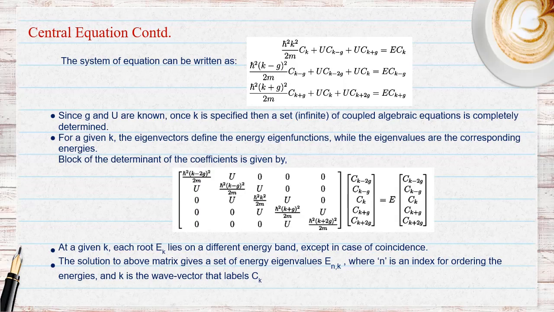We can represent it as Enk, where n is an index for ordering the energies, and k is the wave vector that labels the coefficients Ck. In the next slide we'll see how the energy bands are created using this set of equations.